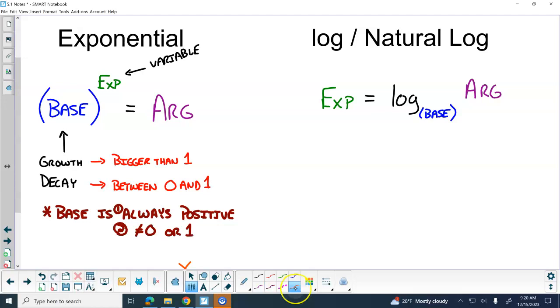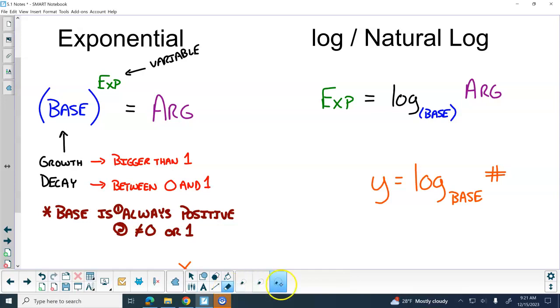The function that you would see over here would be y equals log of the base of a number, base x. Nope, I lied. I need a variable. Got it, two variables.